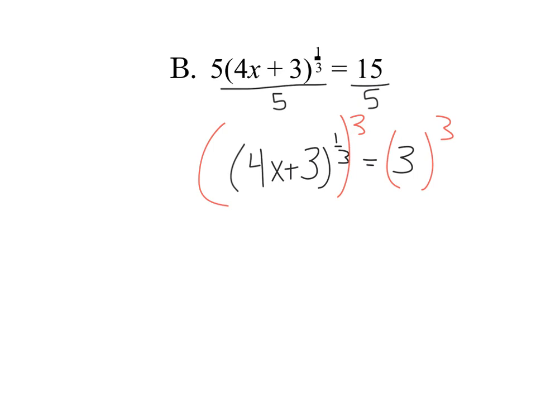Well, when I multiply these exponents, 1/3 and 3, the result I get is an exponent of 1. So what that does is it gets rid of our rational exponent. So I will have 4x plus 3 with no exponents equals 3 to the 3rd, or 27.